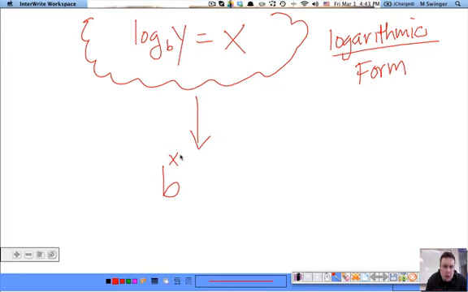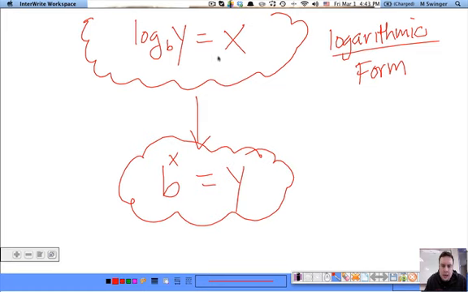Whatever's sitting here, you put it as a power, is equal to whatever's sitting right here, which is y. Okay? These two mean the same thing. They're just different forms. The second one is exponential form, which is section 1, exponential form.